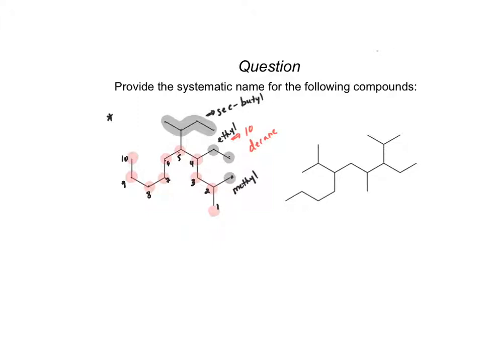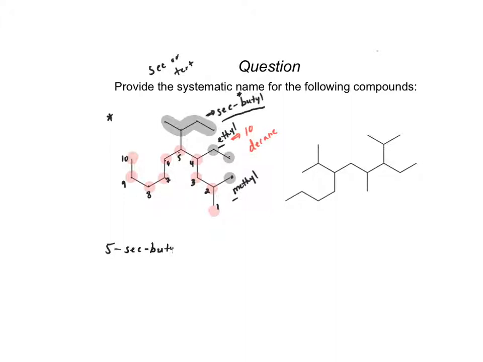So remember, with these complex ones, we're not going to use sec or tert when we alphabetize, but if we did have iso, we would use that, right? So because of that, sec is not going to be considered in the alphabetizing of this. We're going to start with the B, and B comes before E or M. So the sec-butyl is going to come first. So we have 5, sec, and then we also keep that hyphen, so sec-butyl.